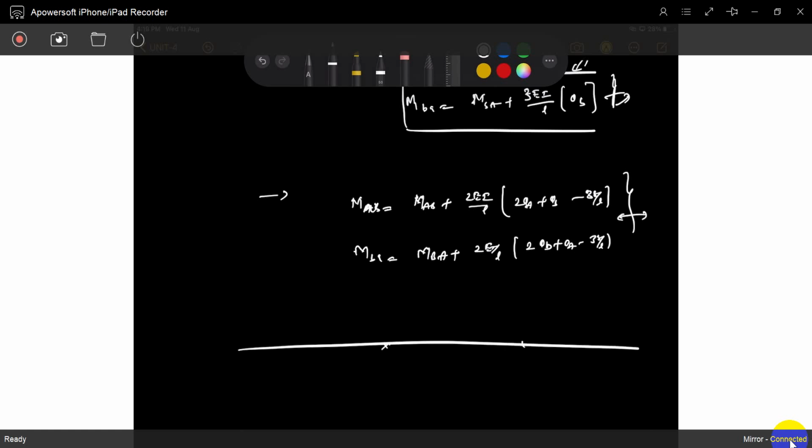When there are intermediate supports, we assume them fixed first, and later we allow the rotation, and we get it like this.